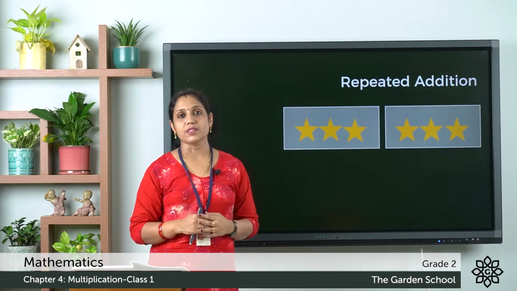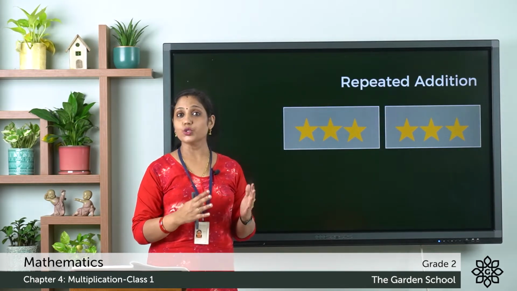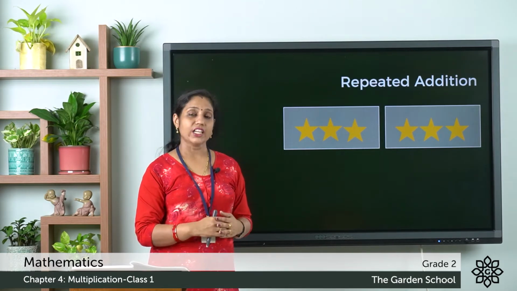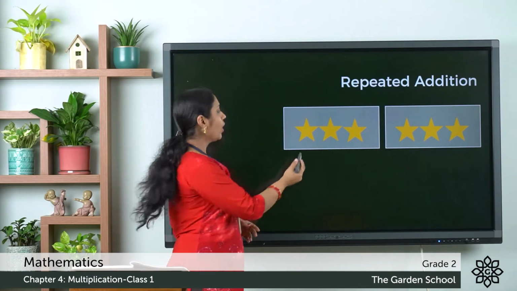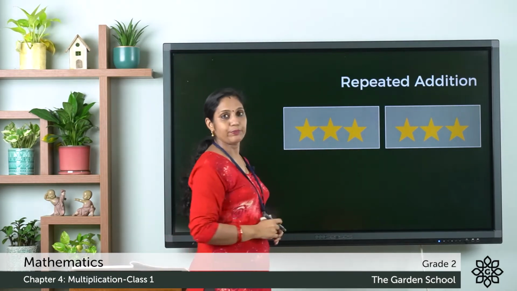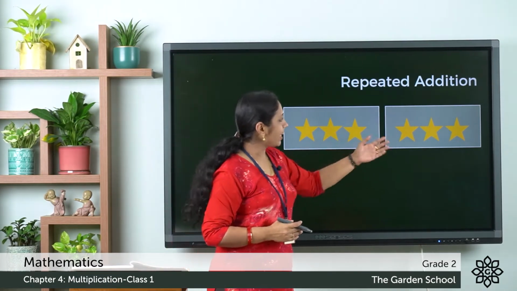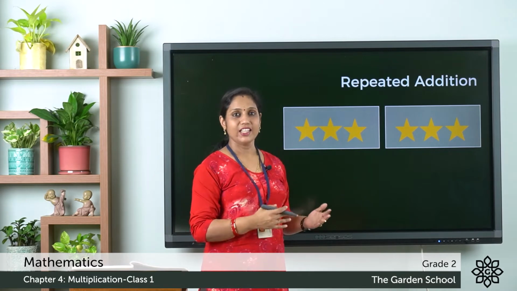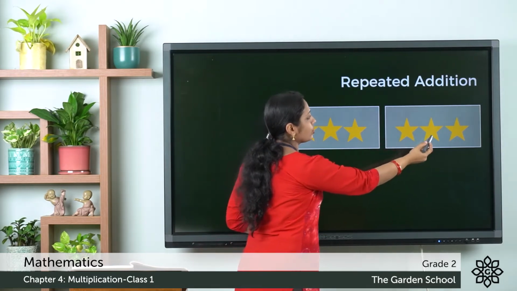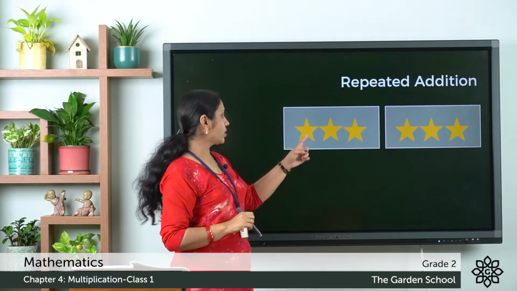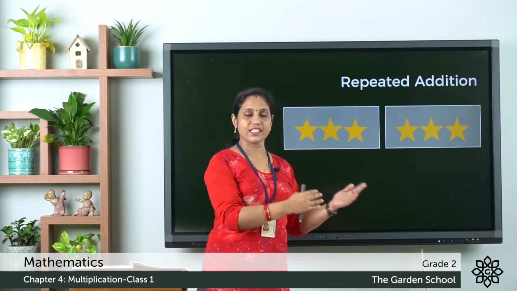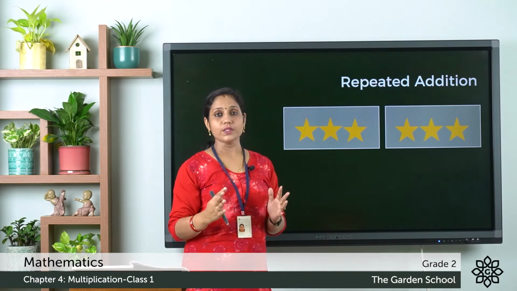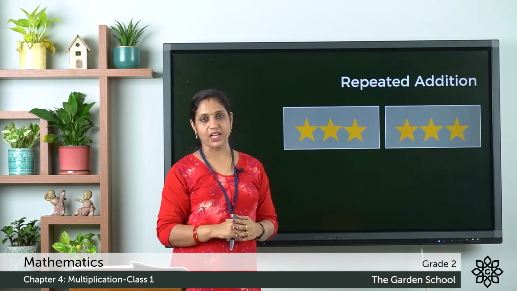Here you can see some stars and you can see 2 groups. So let's check how many stars are there. In the first group you can see 1, 2, 3 stars, and in the second group again you can see 3 stars. So both the groups have the same number of stars.